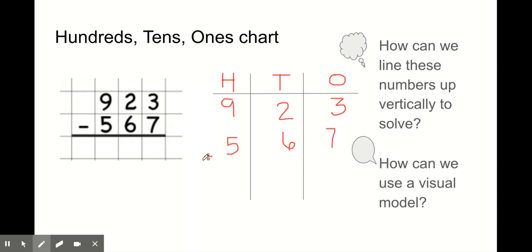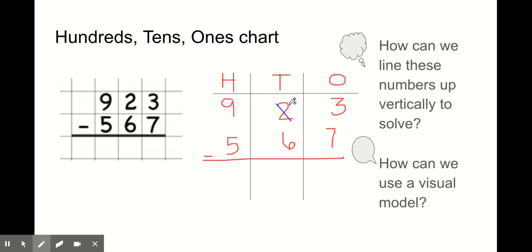Do I need to regroup? Yes, I will need to regroup because 3 is less than 7. How can I get more ones into my column? I have to take away from the tens or borrow.